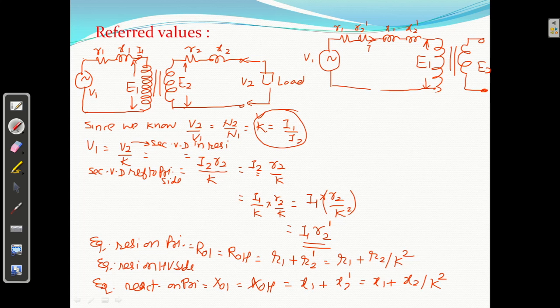That is I1. और I1 अपॉन I2 इक्वल टू K होता है, I1 तो ये है, सो I2 रिफर टू प्राइमरी करेंगे तो I2 इंटू K, और I2 डैश सेकेंडरी करंट रिफर टू प्राइमरी साइड, E2 डैश सेकेंडरी वोल्टेज रिफर टू प्राइमरी साइड. सेकेंडरी रिफर कर रहे हैं तो डैश लग जाएगा, याद रखना. सो इट इज द रेफर्ड इक्विवेलेंट सर्किट, यू कैन से.